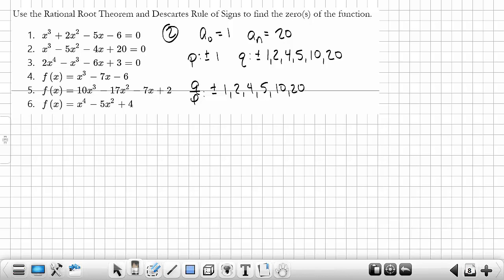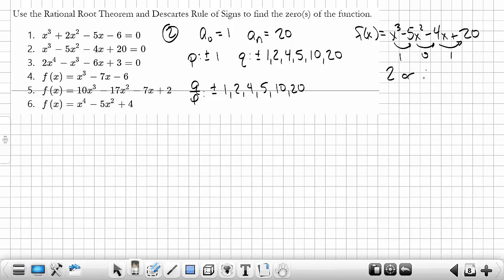Descartes' rule of signs, I'm going to go ahead and rewrite number 2. F of x is equal to x cubed minus 5x squared minus 4x plus 20. Descartes' rule of signs does not care if there is a gap. So yes change, no change, yes change.